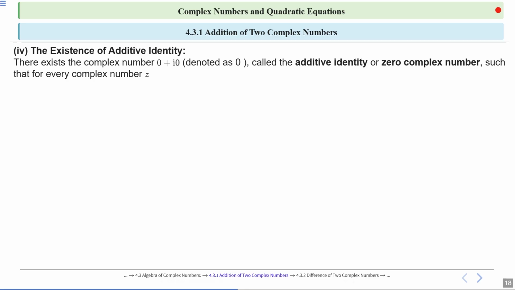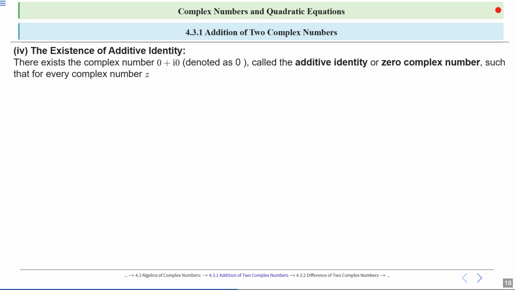There exists a complex number written as 0 plus iota times 0, which we simply call 0. This number is known as the additive identity, the 0 complex number. For every complex number Z, adding this 0 complex number leaves Z unchanged.